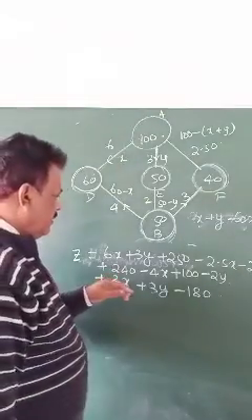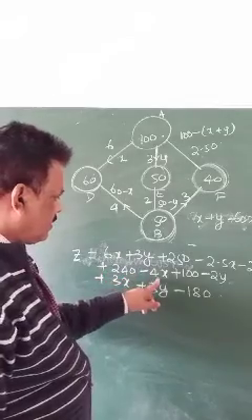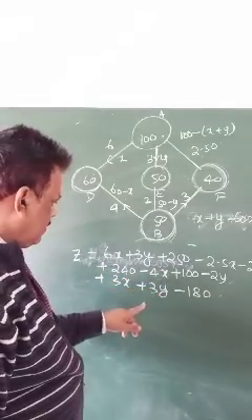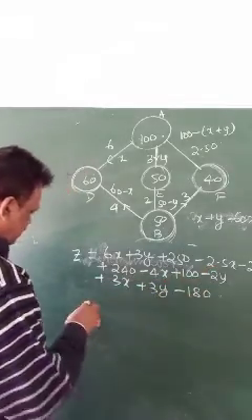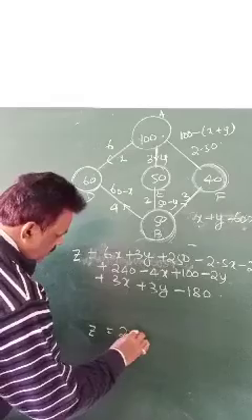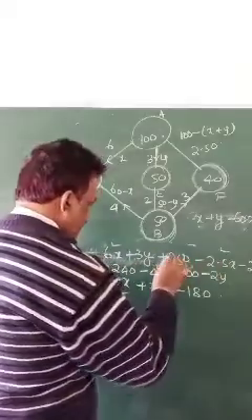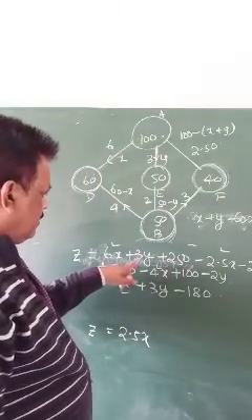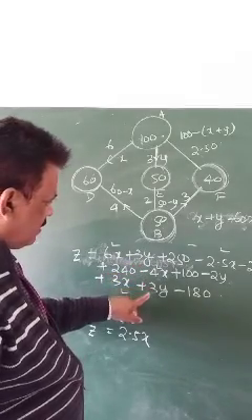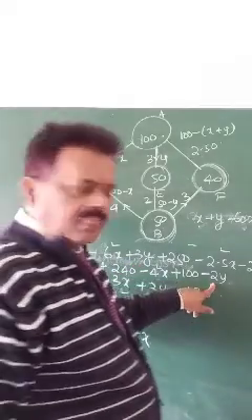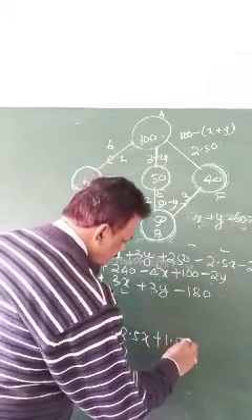So what will you find? Look at 6x minus 4x, 2x. Okay, 2x plus 3x, 5x minus 2.5x. So Z equals 2.5x. Then 3y plus 3y, 6y. 6y minus 2y, 4y minus 2.5y, 1.5y.